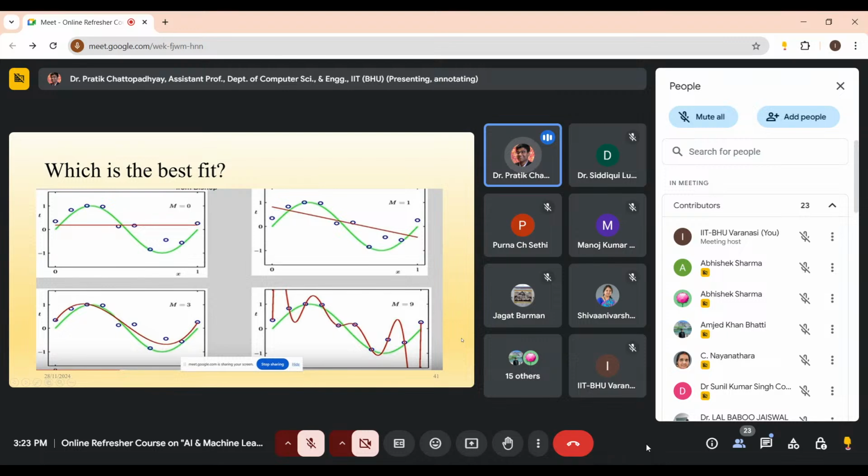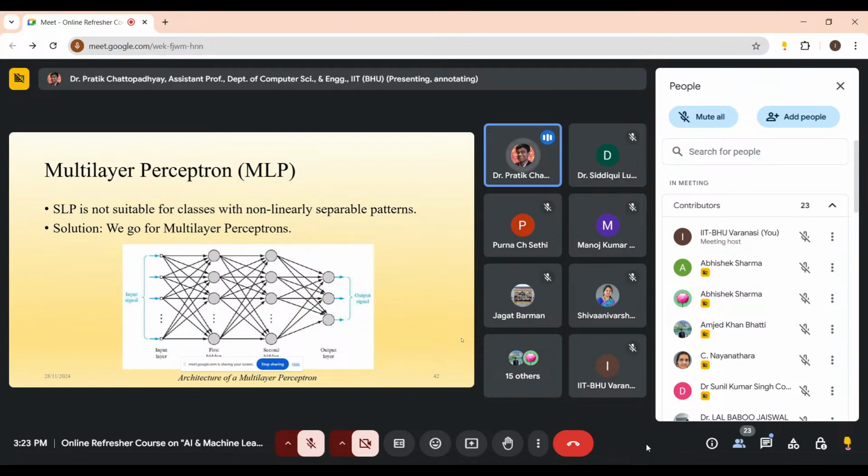They are very high dimensional data, and it's very difficult to visualize them always. So by default, we go for a multi-layer perceptron, instead of a single layer perceptron, to fit nonlinear lines or to classify nonlinearly separable patterns.